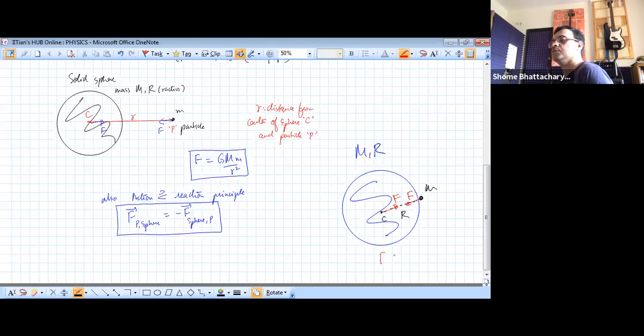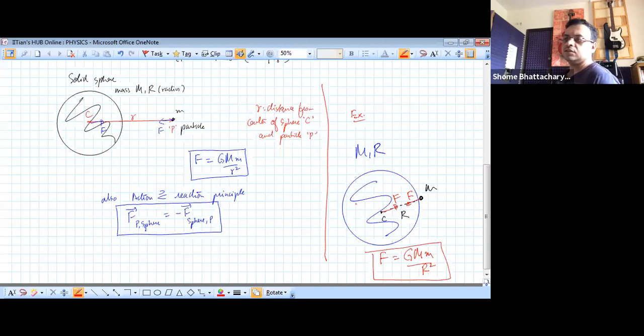So here the force becomes G capital M into small m divided by capital R square, where capital R is the radius of the sphere. And again, you can see that this is an action-reaction pair. So this is what happens to a body on the surface of the Earth.